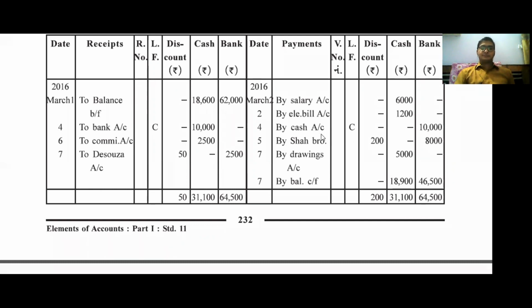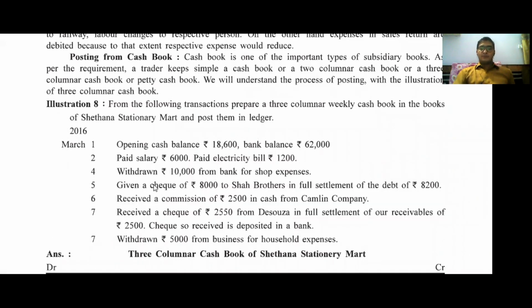Then after, point number 5, given a check of 8,000 to Shah Brothers in full settlement of debt of 8,200. Here we gave a check to Shah Brothers. So again, if we gave the check, our bank balance decreases, so bank account credit side 8,000 for Shah Brothers.